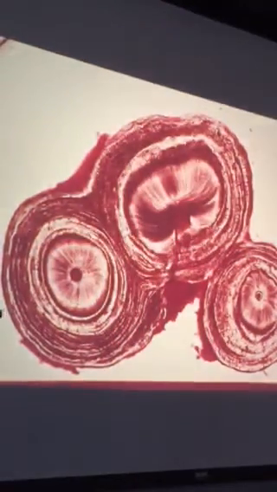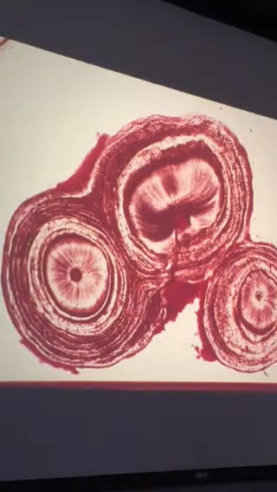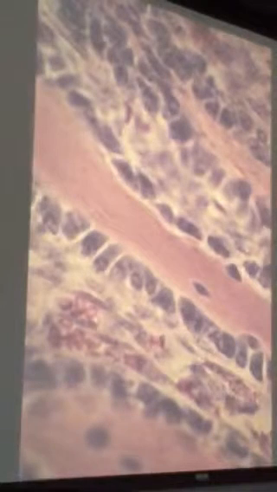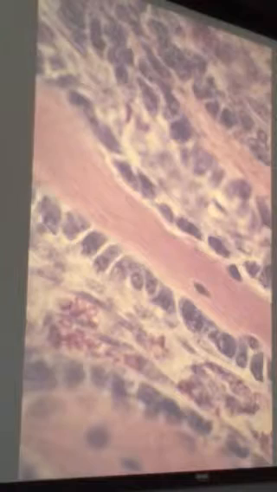What condition do we see here? Hypercementosis. And what is this tissue right there? Cellular cementum. Okay, and how about these cells right there? Osteoblasts. And how about that cell right there? Osteocyte. How about this cell?